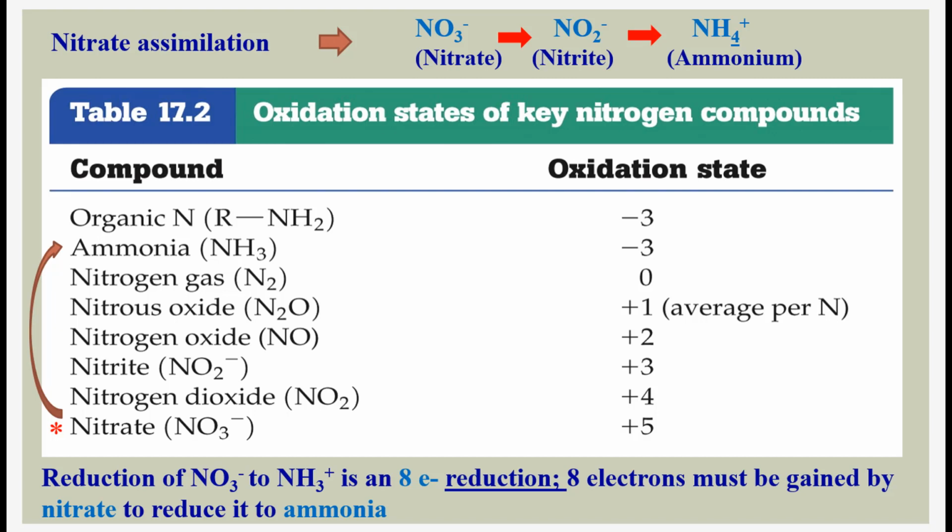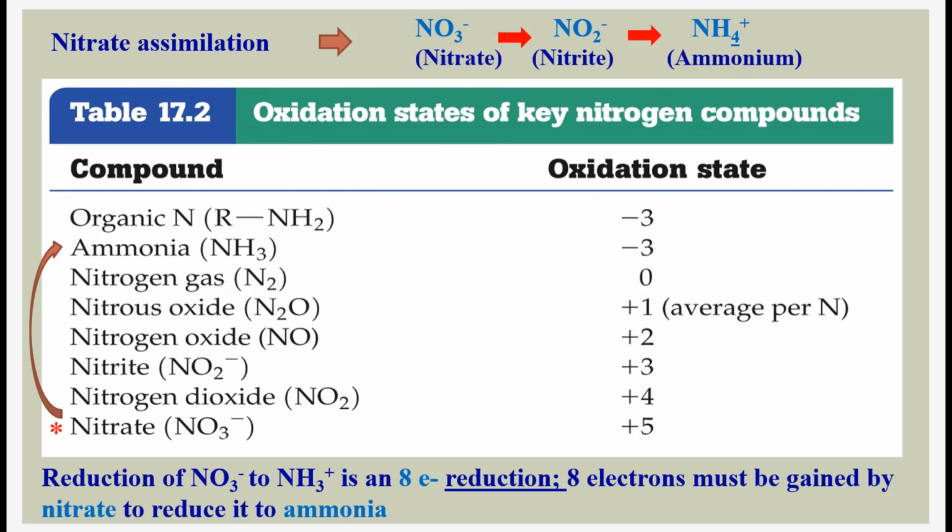If you were to answer the question, how many electrons must be gained by nitrate to be reduced to ammonia, you need to know the oxidation states between nitrate and ammonia and be able to calculate the difference between the two. The difference is the number of electrons that must be gained by nitrate to reduce it to ammonia.